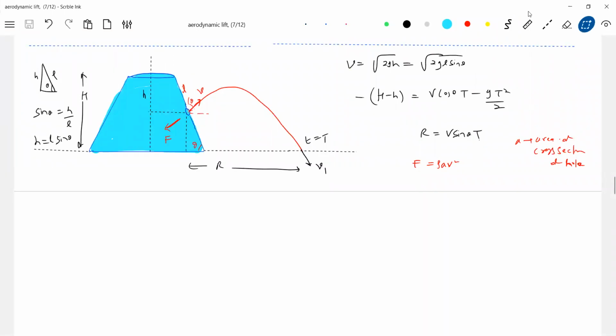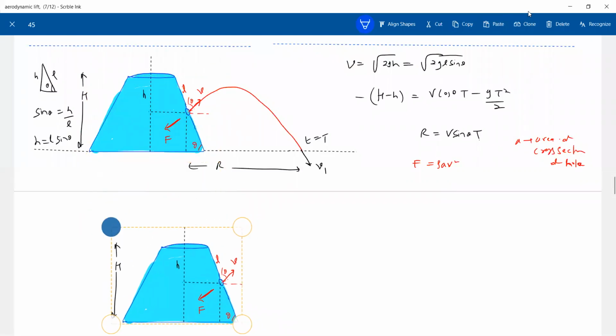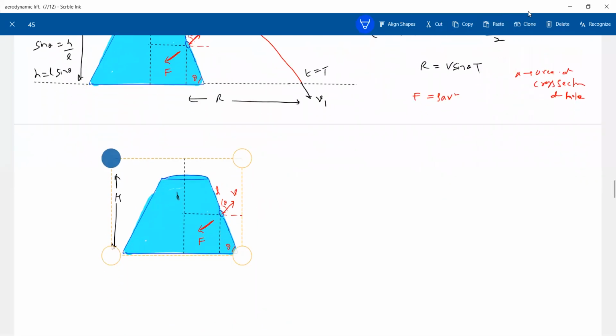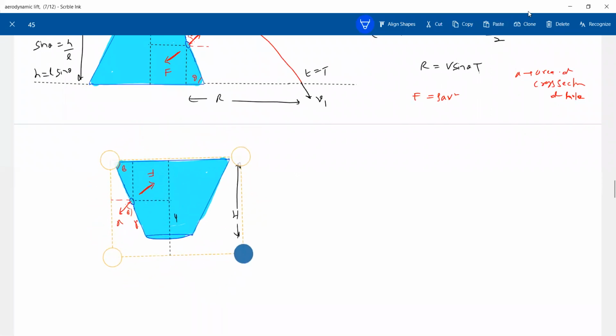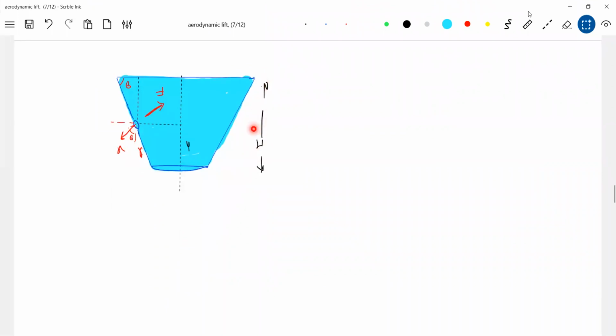Okay, now let me make the container. Small observation, nothing. Let's take this condition.